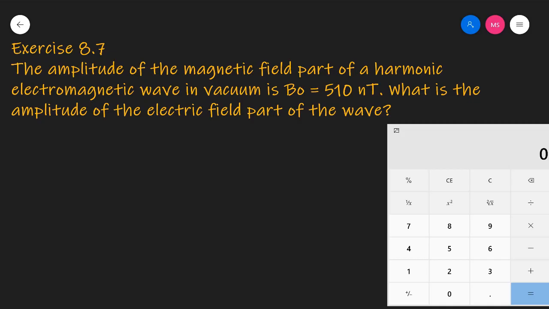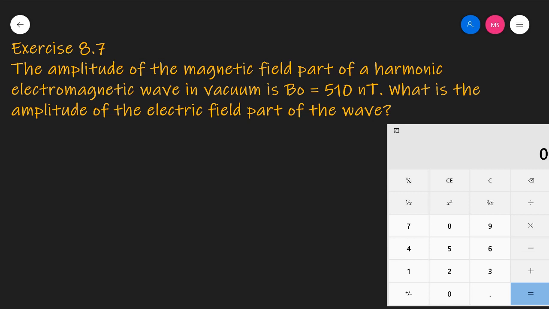Unsolved example 8.7. The amplitude of the magnetic field part of a harmonic electromagnetic wave in vacuum is B naught equal to 510 nanotesla. What is the amplitude of the electric field part of the wave?